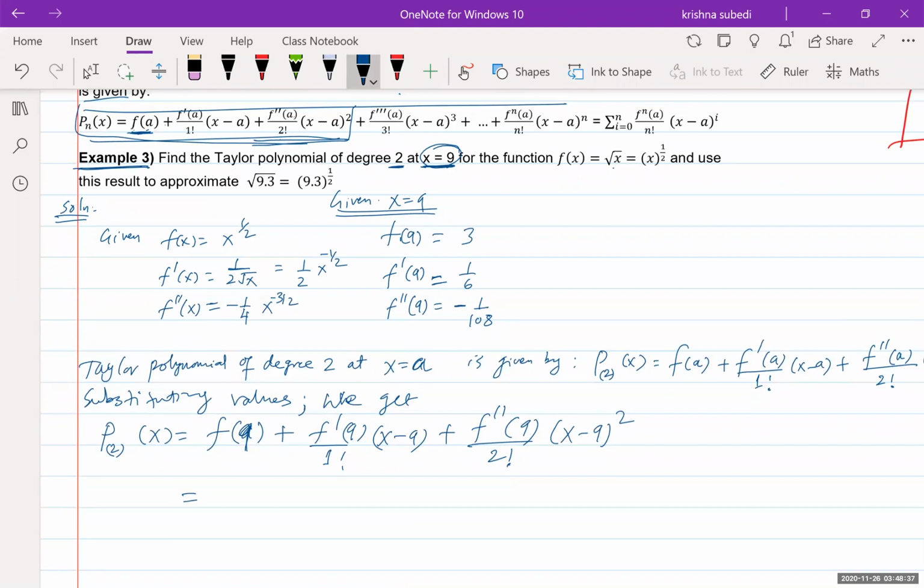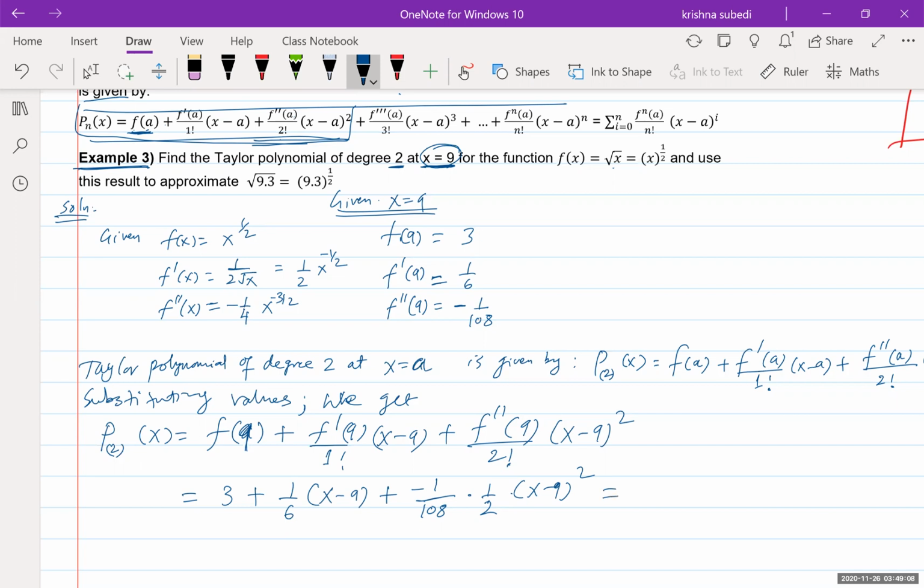And then now I substitute the values, which is 3 plus this guy is 1 over 6 over factorial 1, which is 1. So you'll get x minus 9 plus this guy is negative 1 over 108, and then factorial 2 is 1 over 2, and x minus 9 squared.